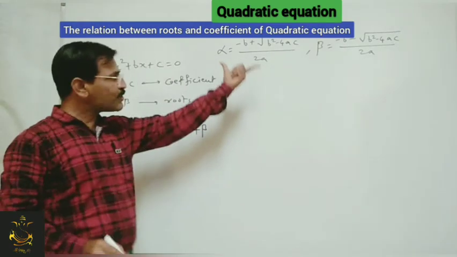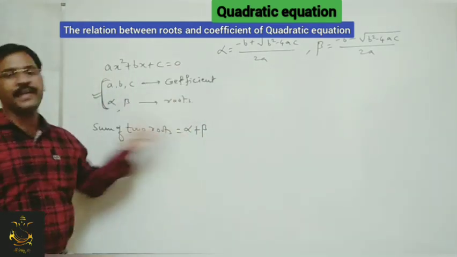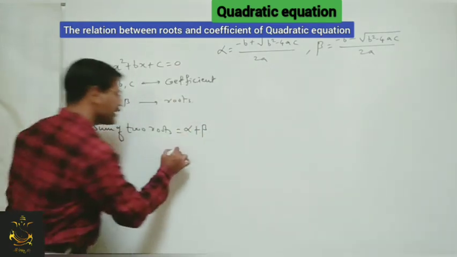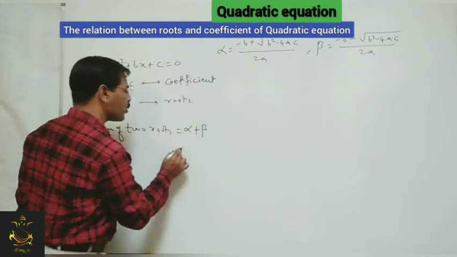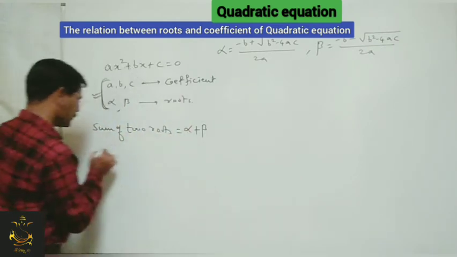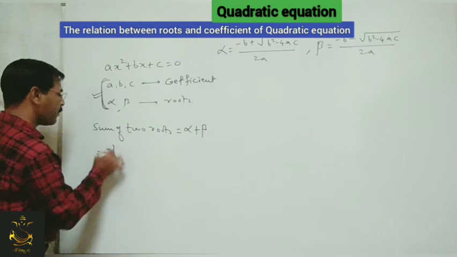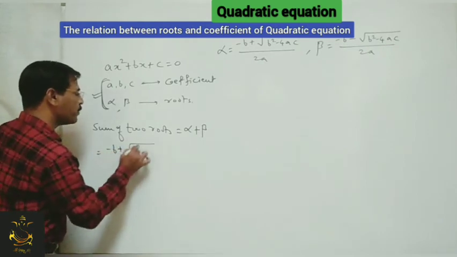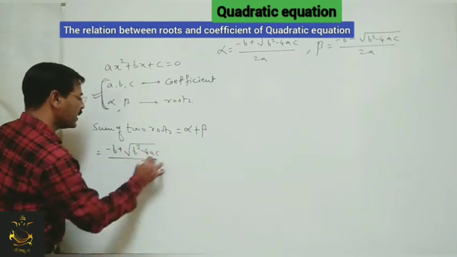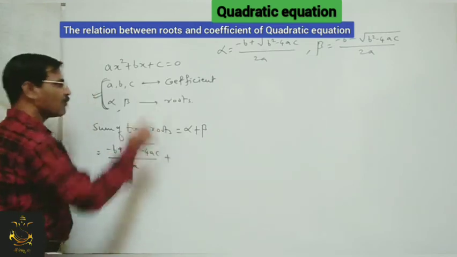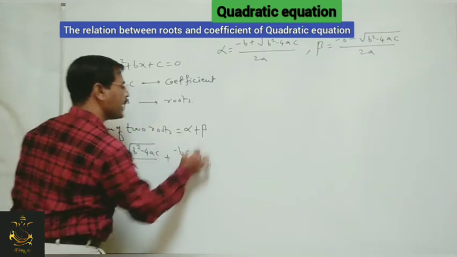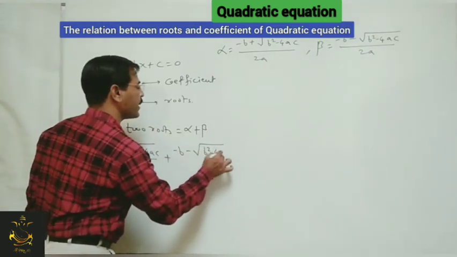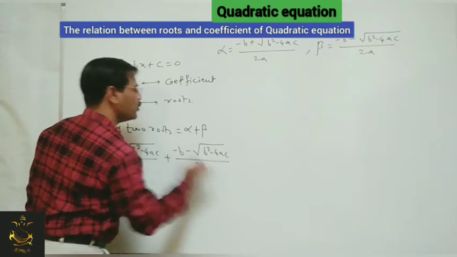So using these two, we are going to add. Let's see, what is alpha plus beta? Alpha is minus b plus under root b square minus 4ac upon 2a, plus beta, which is minus b minus under root b square minus 4ac upon 2a.